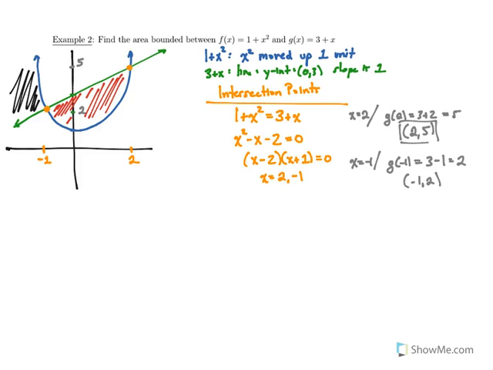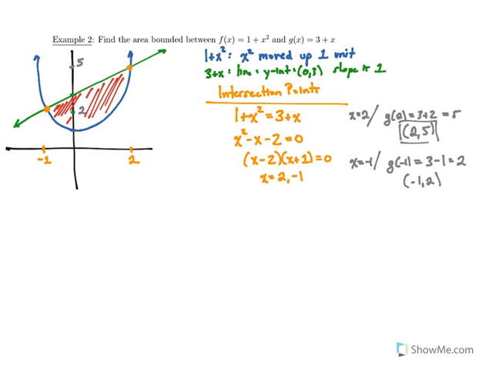But both of those areas are going to be infinite. They're just going to keep on getting bigger and bigger as you go out, and they're not bounded. Bounded means finite. So both of those areas are not going to work. We are just considering the area that is trapped in between those 2 functions.